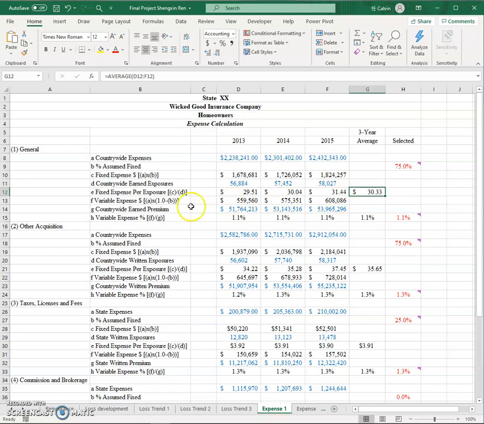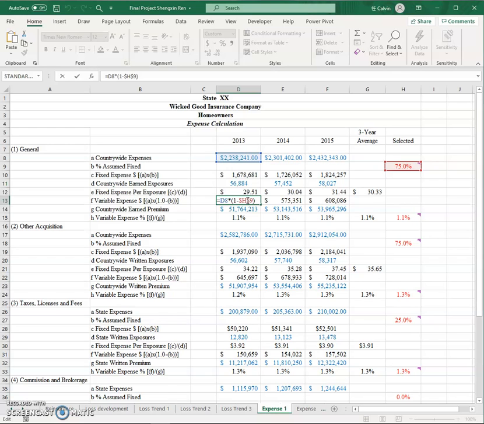And the variable expense is the total expense times 1 minus the fixed expense percentage, which is this number times 0.25. Same for the rest. The countrywide earned premium is given.